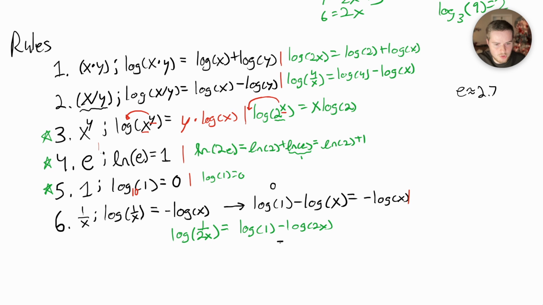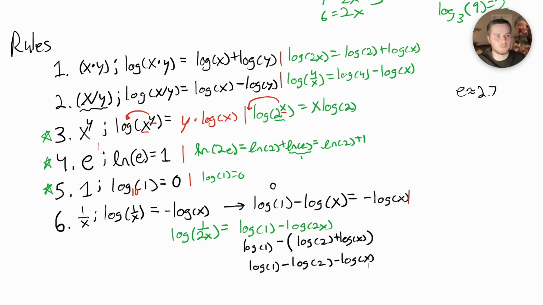So we're still going to have the subtraction, but log of 2x is equal to the log of 2 plus the log of x. So putting this all together, we're going to have the log of 1 minus the log of 2 minus the log of x.